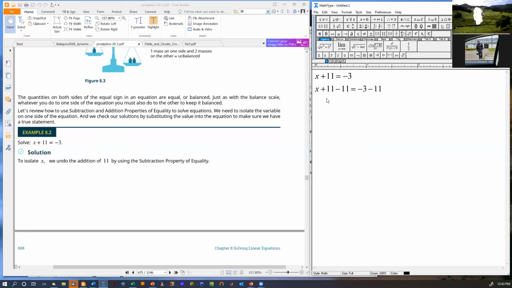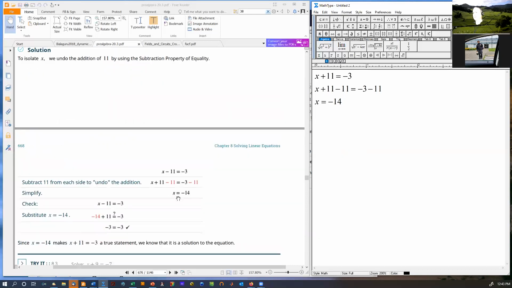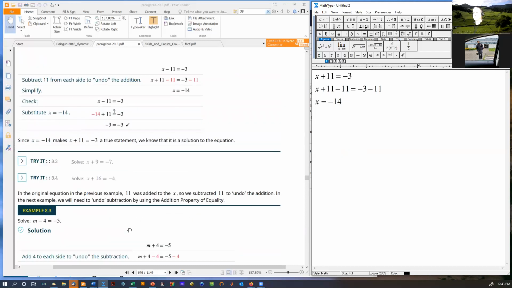I took the same amount off of both sides of the equation, right? So now x plus 11 minus 11 is just x. So x is equal to -3 minus 11, which is -14. So x is equal to -14, which is what they get. And you can substitute that back in to make sure it's true.